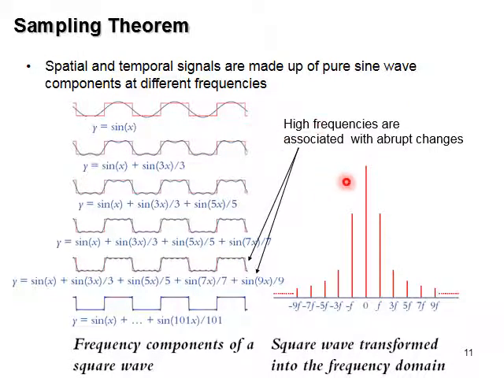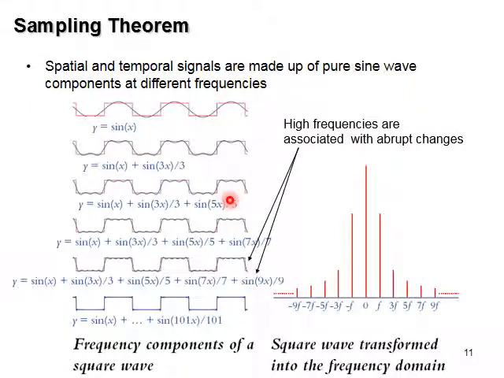Now, one important thing to notice here is that high frequencies are associated with abrupt or sudden changes. You see here when we have a very low frequency, which is just sine x, we had a very slow signal. Okay? When we add the sine 3x over 3, now you see the blue curve is getting more, the transition from low to high is happening at a higher slope, or more suddenly, compared to the slow one here.